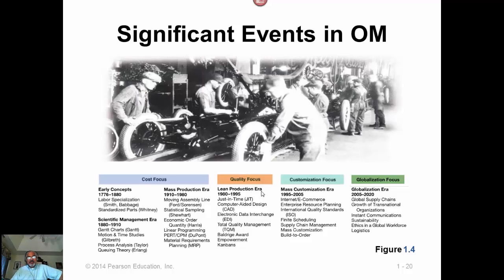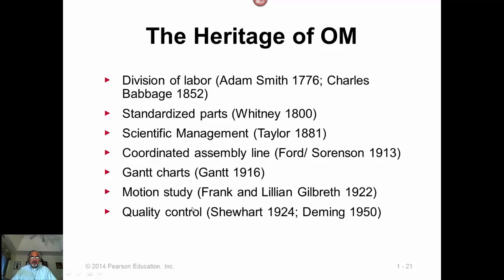So when we go back to the 18th to 19th century, we have the division of labor, which was identified as a means of efficiency. And Eli Whitney was the first one to develop standardized parts so that parts can be separately made and then assembled into a final product.